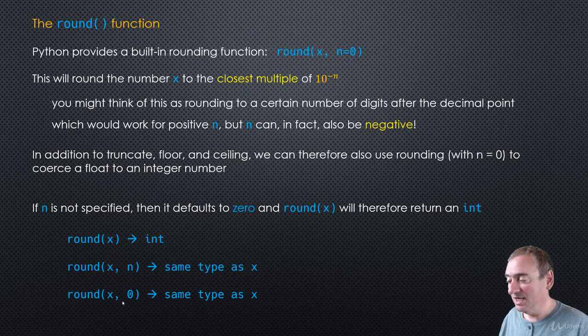Now, it also does mean that if you call round(x, 0), we've actually specified n in this case, even though it's going to round x to an integral number, in other words, to a whole number, it will be the same type that was passed in. So if you use a float, you'll get a float back. So if you round(1.23), you'll get 1 back, which is the integer 1.